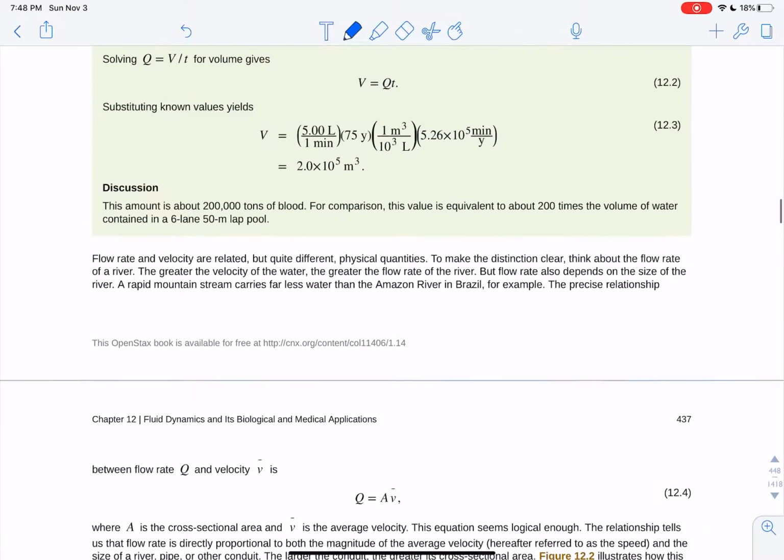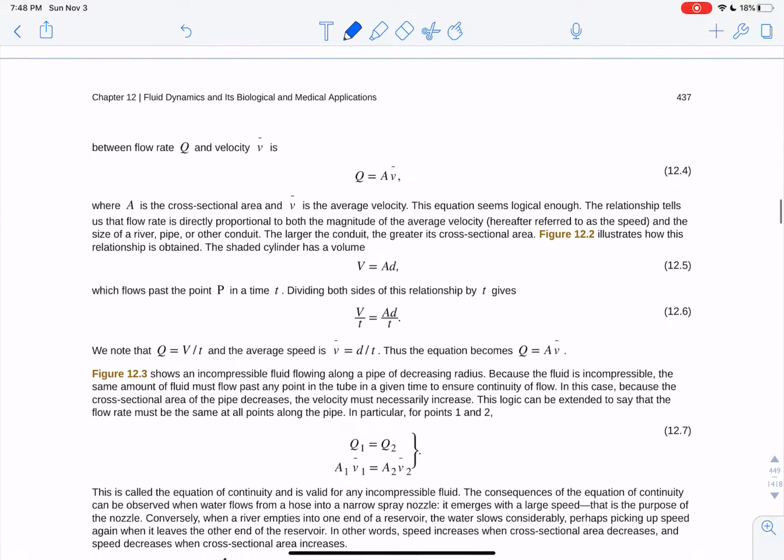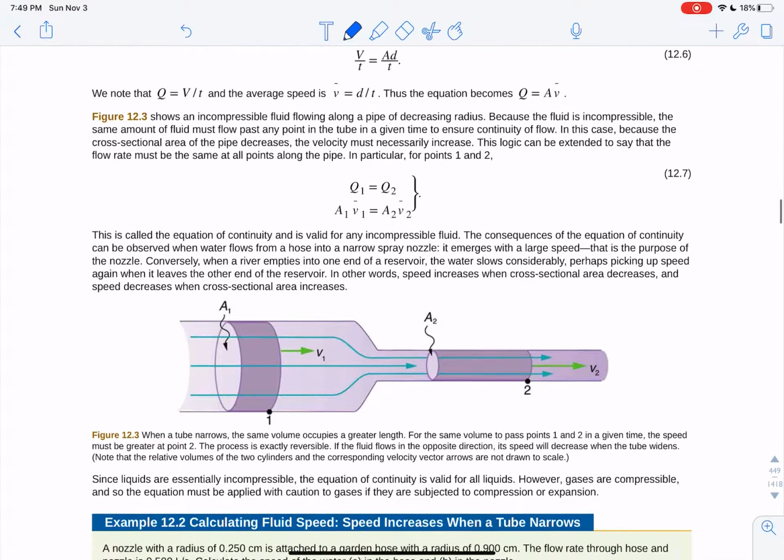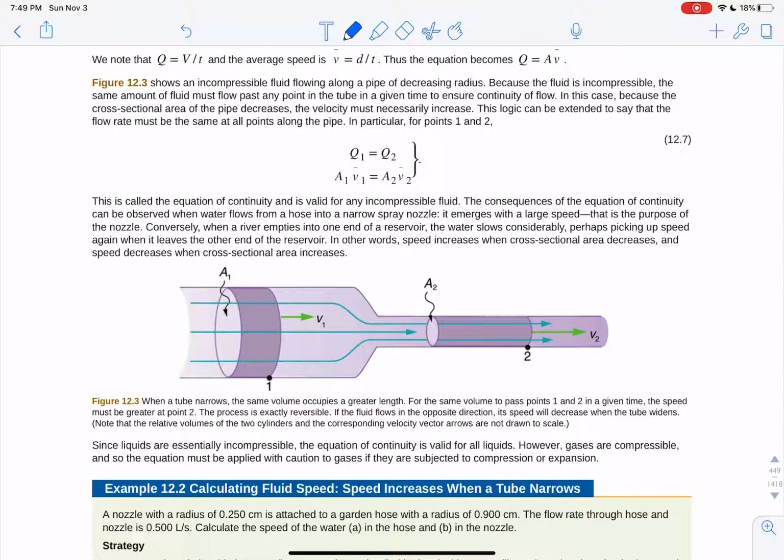Okay, going on, water flow rate. Now there's a continuity equation here, which says the flow rate through this part of the pipe has to equal the flow rate through that part of the pipe because they're connected, and all the water flowing here has got to go somewhere, so it's got to flow through that pipe in the same way. So this volume of water is the same volume of water here.